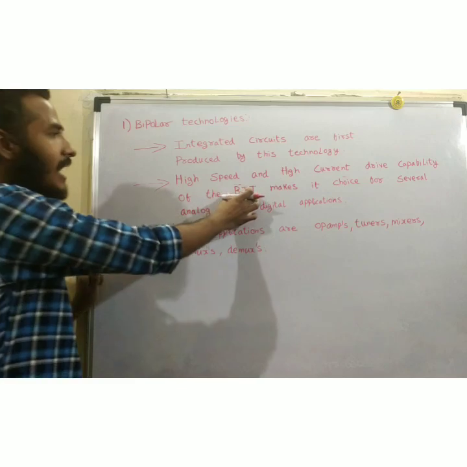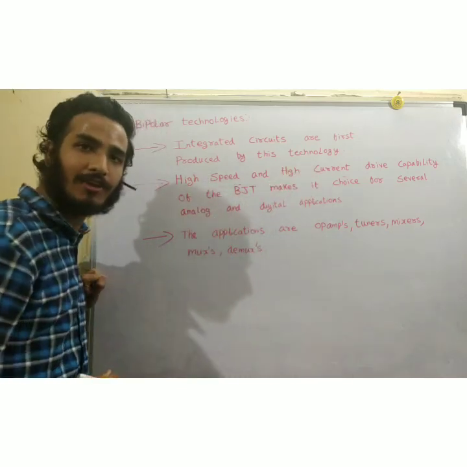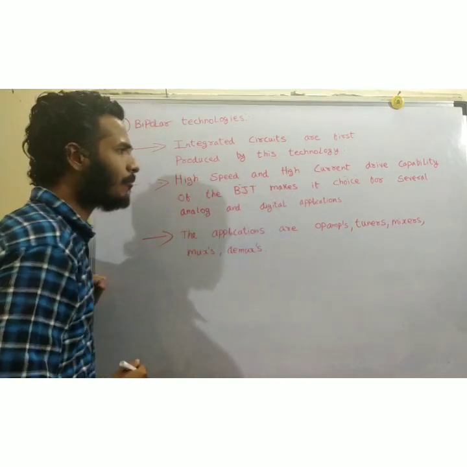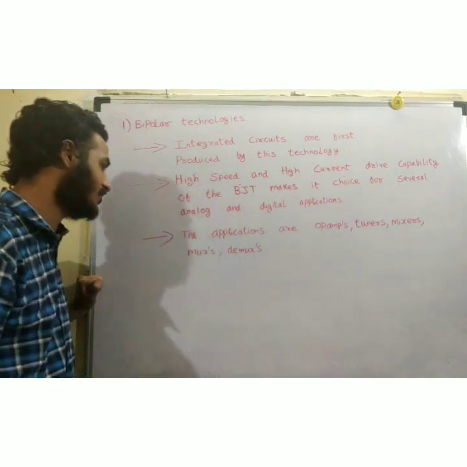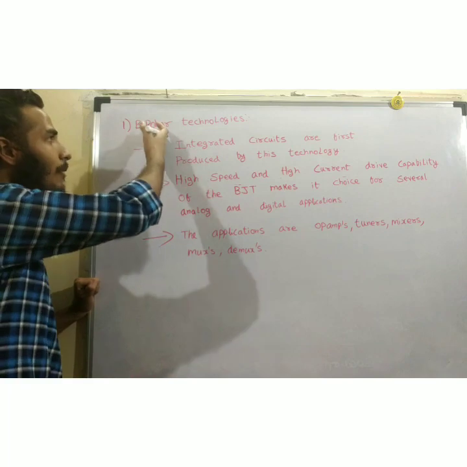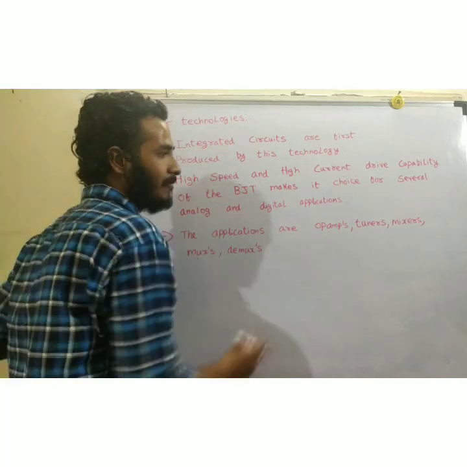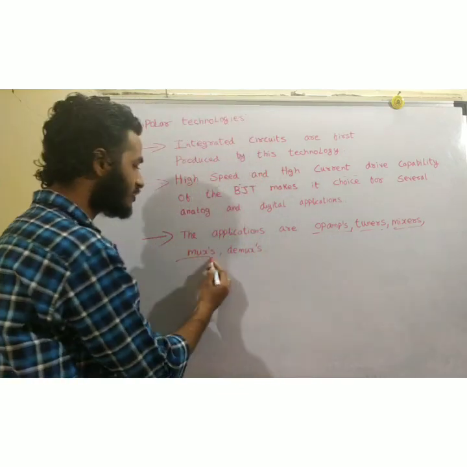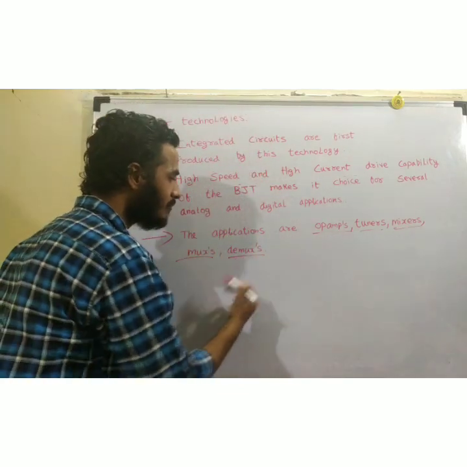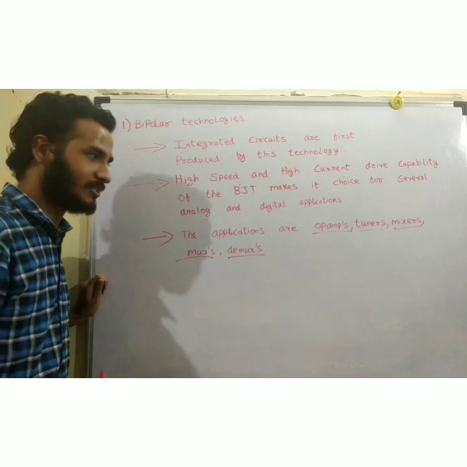Means BJT has high speed and high current drive capability. So because of this capability, it is a choice for several analog and digital applications. Some of the applications of bipolar technology are op-amps, means operational amplifiers, tuners, mixers, mux means multiplexers, demux means demultiplexers.